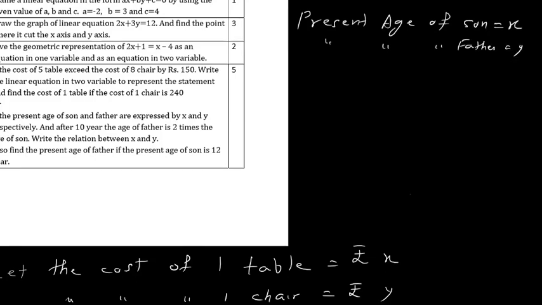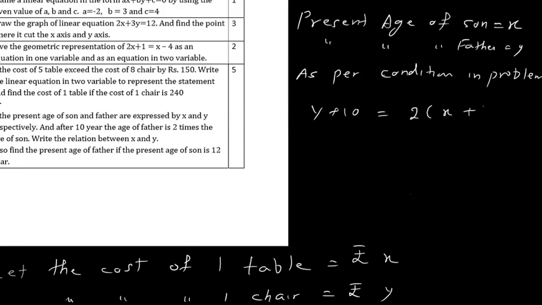Now as per the condition in the problem, after 10 years the age of father is 2 times the age of son. So after 10 years the age of father will become y plus 10, right? Now this y plus 10 is 2 times x plus 10.